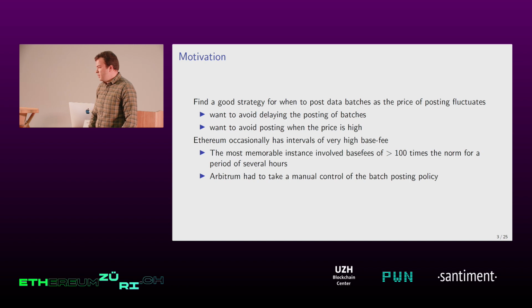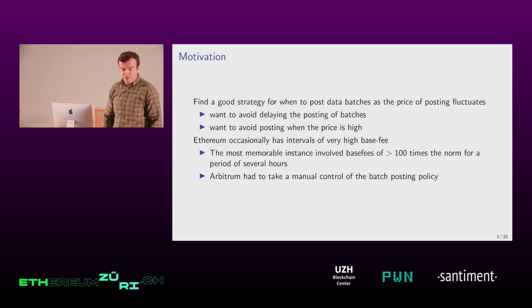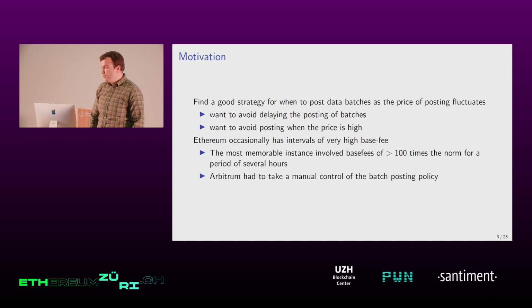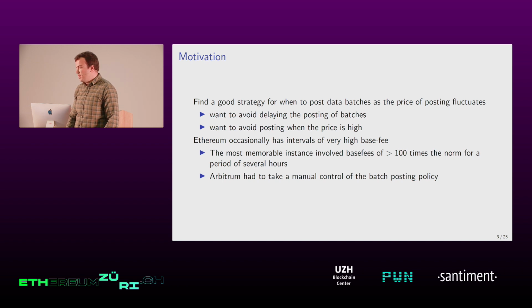During these periods, the rollups, or the sequencer of the rollup, or whoever posts the transaction-relevant data, call data, want to avoid posting because the price is high, but on the other hand, they also want to avoid delaying the posting too much. One instance is that there was a time when the base fee rose 100 times, and it lasted several hours, and the automatic mechanism of the sequencer didn't post the data, and then Arbitrum developers had to manually post the data.